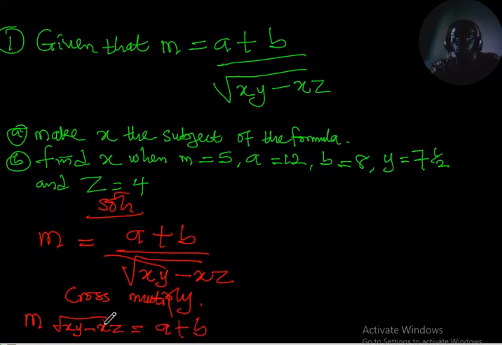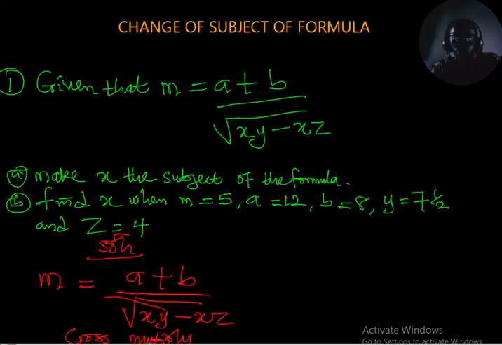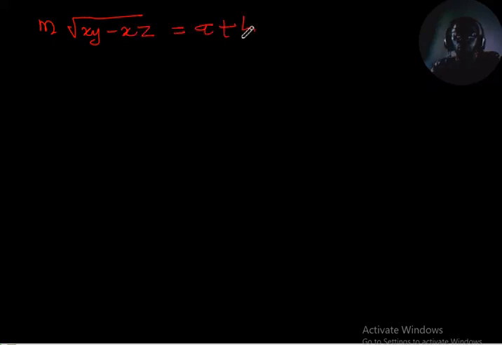Now for me to remove this square root, I must take the square of both sides. Taking the square of both sides, such that the square will remove the square root.